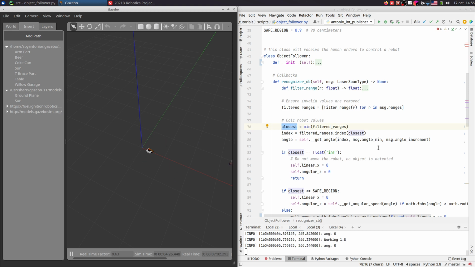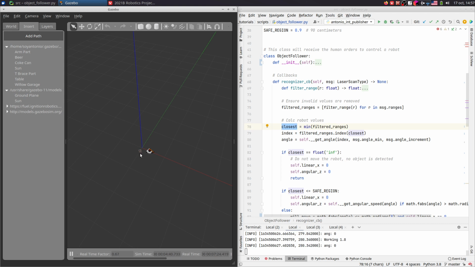It is in degrees, but we need to provide it in radians. We only need to take care of the increments, so we do the index times the angle increment plus the angle minimum.